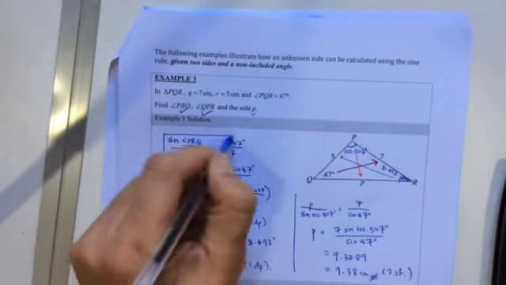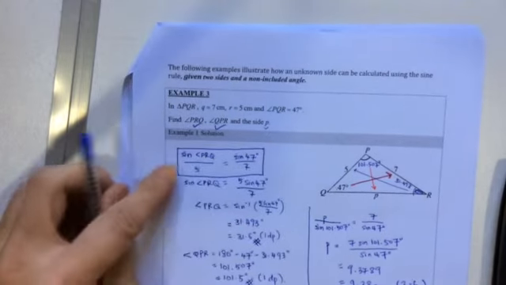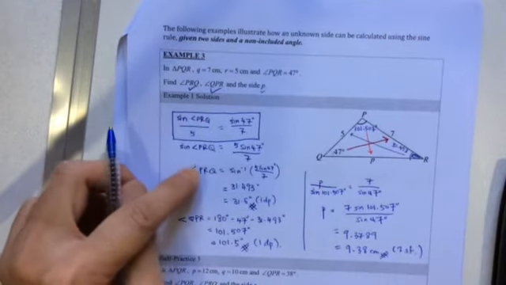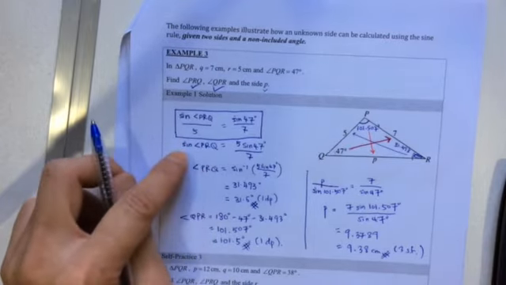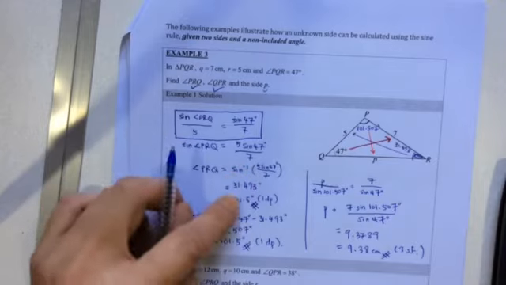Okay, to summarize this example, we can use the sine rule to find an unknown angle. Somewhere along the line you have to remove the sine of angle PRQ to find PRQ, so you have to move it to the other side and it becomes sine inverse, and you get an answer.